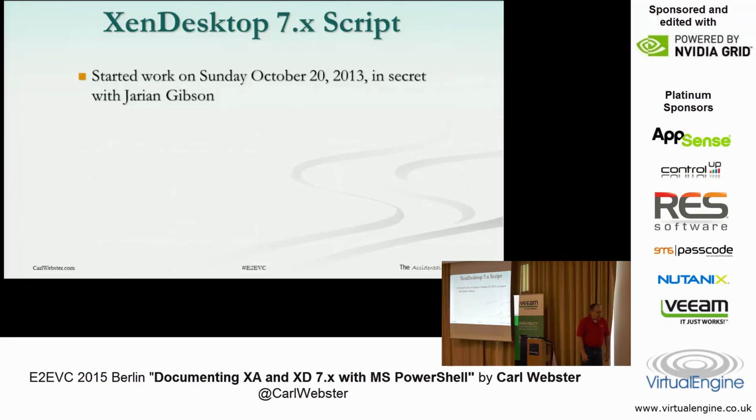I started work on this script on Sunday, October 20th, 2013 in secret with Jory and Gibson. The reason I did it in secret is because I had started work in March of 2013 on the XenDesktop 5 script and got absolutely nowhere with it. The reason being is both XenDesktop 5 and XenDesktop 7, the PowerShell stuff, I'm glad they've got it, and there's some nice features to it, but it's a big heaping pile of crap.